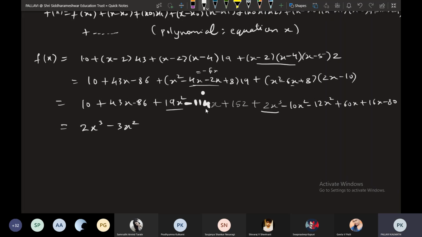Okay, then how many x do you have? This is 43x minus 114x, then 60x, 16x. So 60 plus this is 76, 76 and 43, 123 minus 114.